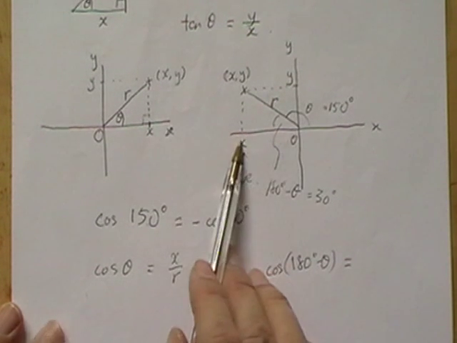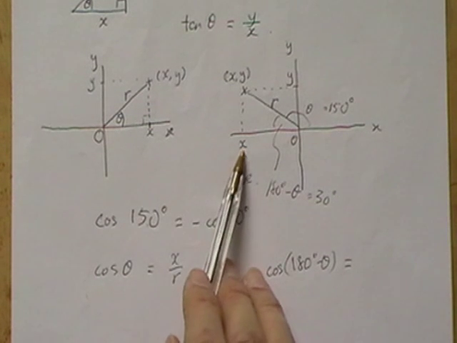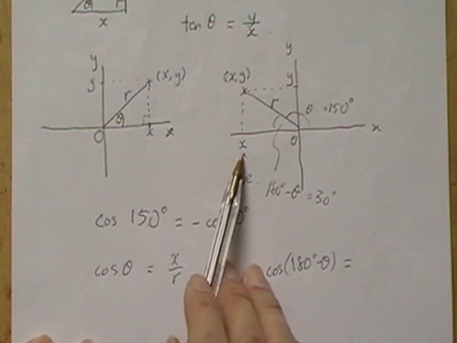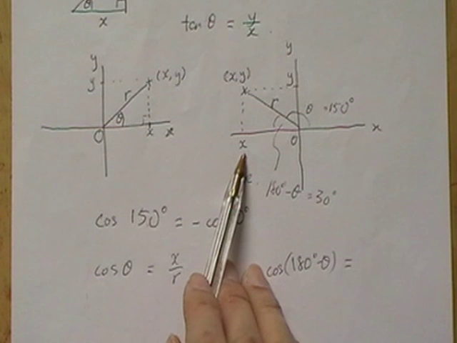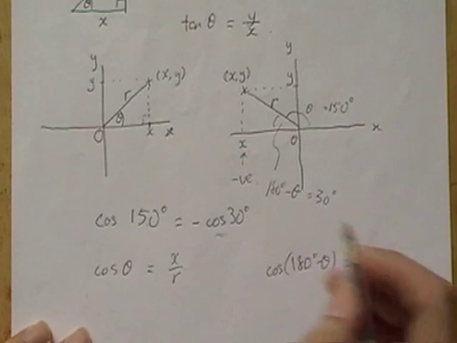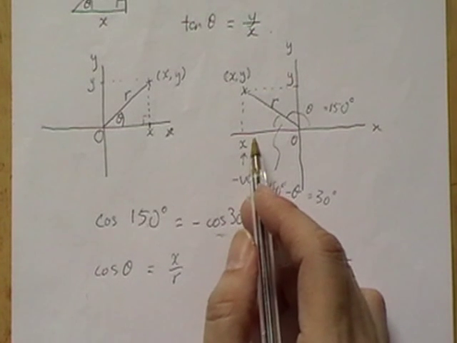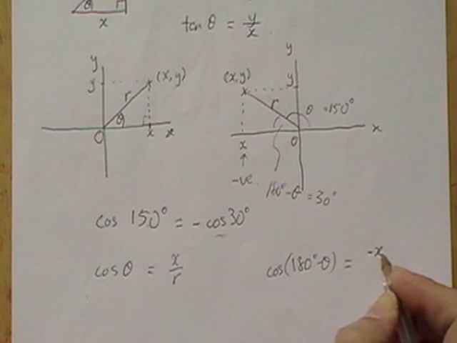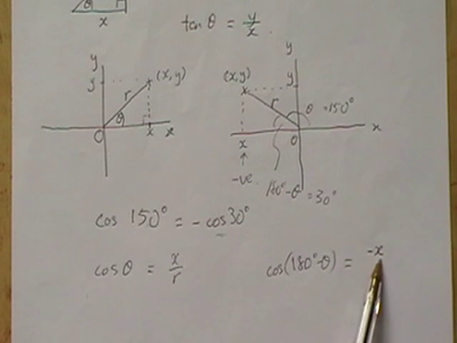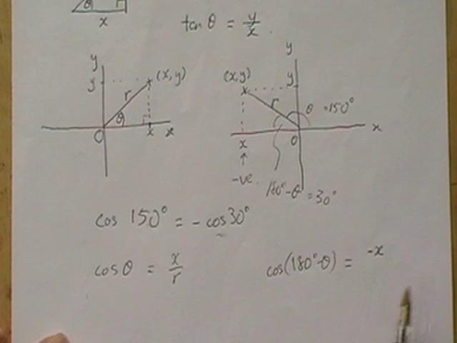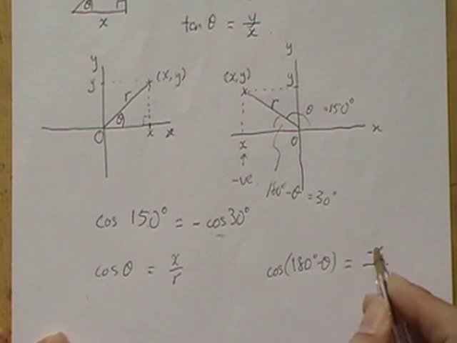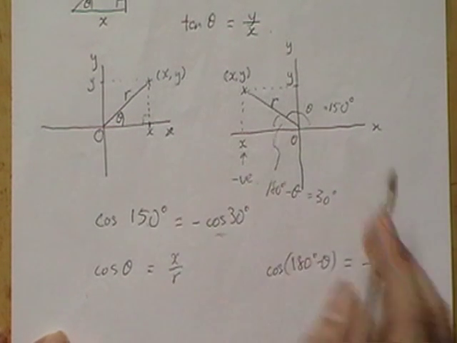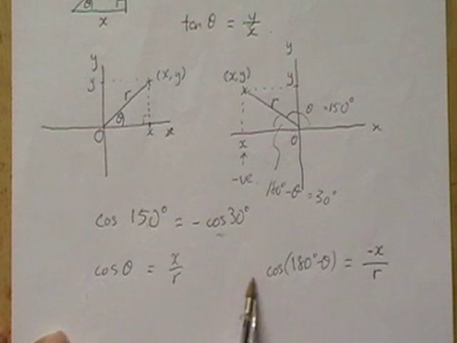Now, the length of this side is not x, as we have seen, because x is a negative number. But the length of this side is the numerical value of x without the sign. So since x is negative, I can cancel that sign if I say minus x, right? Because if x is negative, then minus of x is positive. So therefore, this gives me the length of this side, and dividing by r gives the cosine of this acute angle.